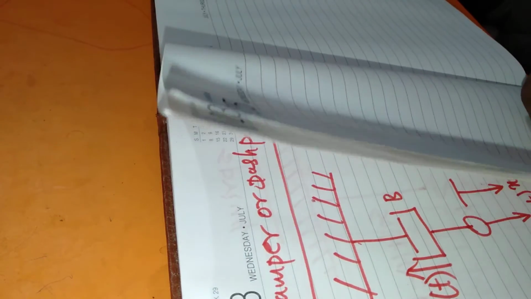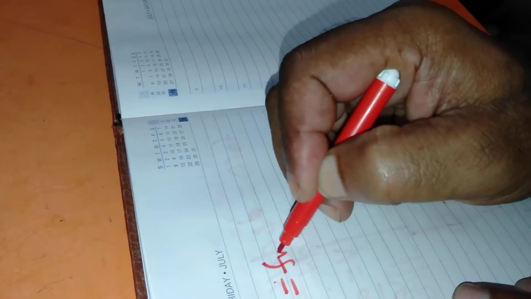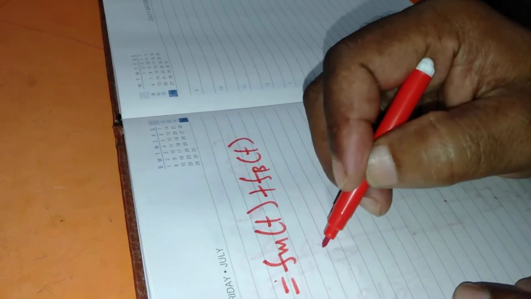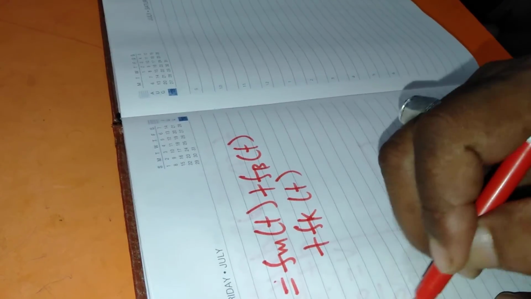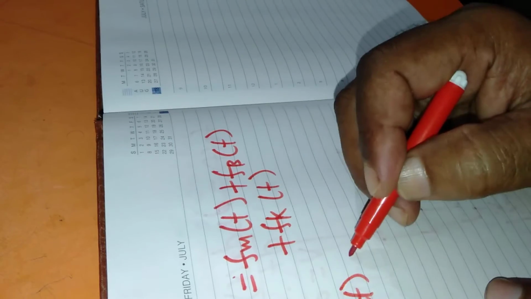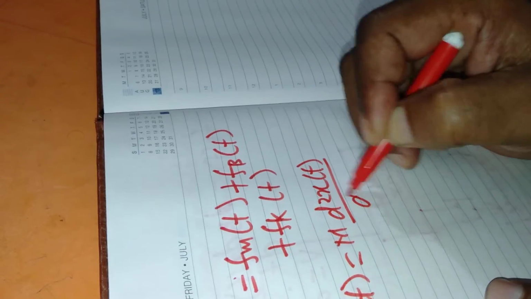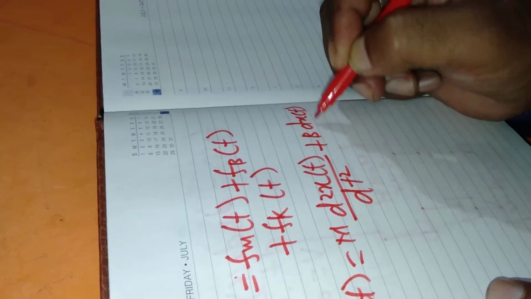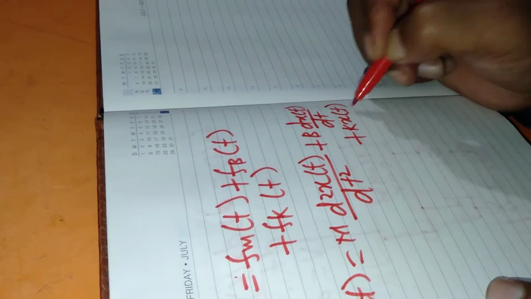So let us combine the three equations, that is f of t is equal to fm of t plus fb of t plus fk of t, or f of t is equal to m d square x of t by dt square plus b dx of t by dt plus kx of t.